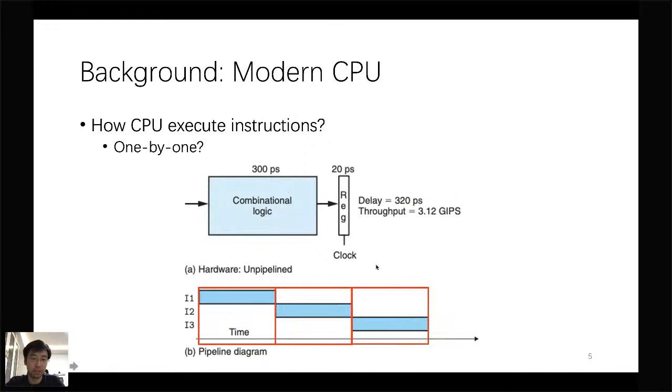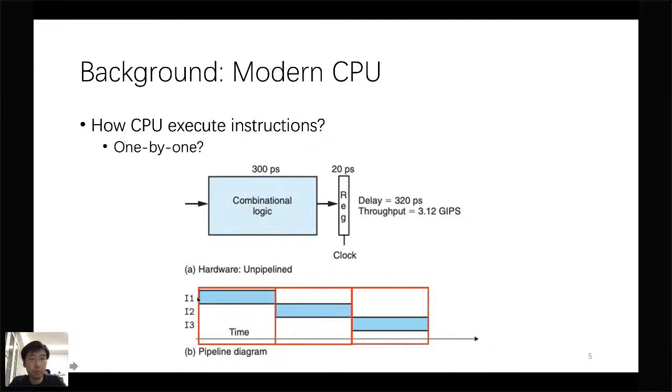For example, we have instruction 1, instruction 2, and instruction 3, and the CPU first executes instruction 1, and after that it executes instruction 2, and then instruction 3. There is no overlapping between the instructions, so we can say they are executed one by one. But actually, this is especially low efficiency.